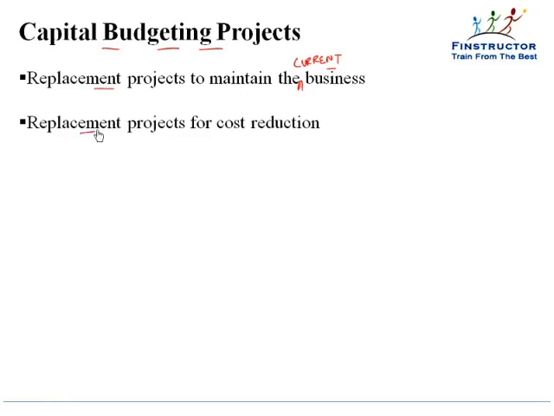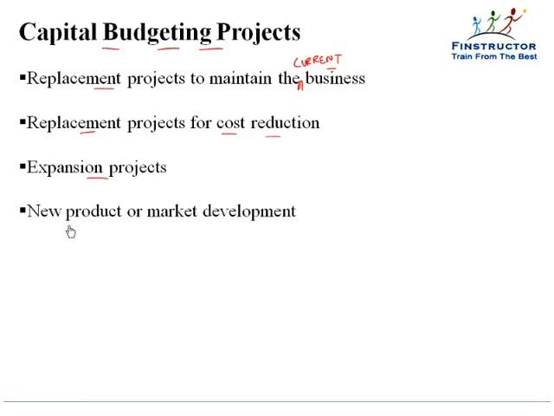If the replacement project, however, is for cost reduction or for some other end, then more detailed analysis will be required to see whether it makes sense to replace our existing technology, etc., for cost reduction or not. Similarly, expansion projects would require a lot of analysis.